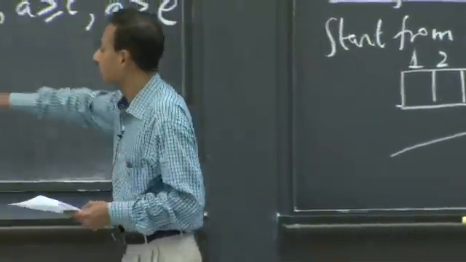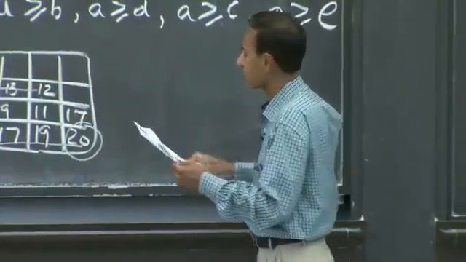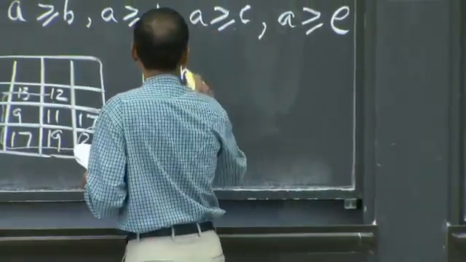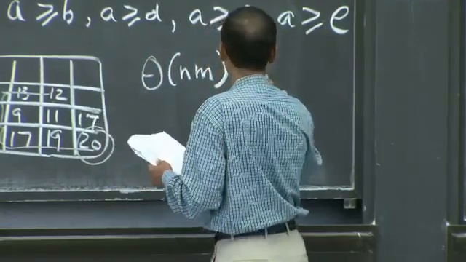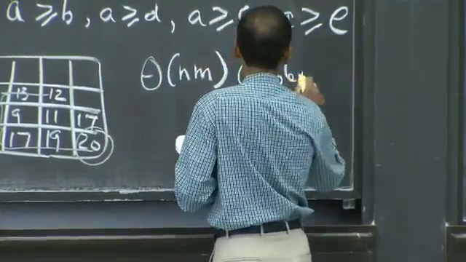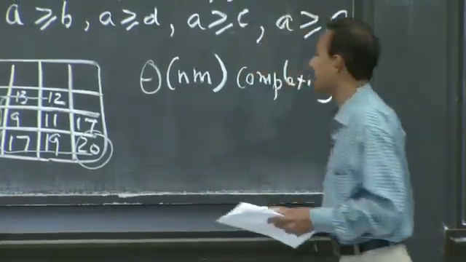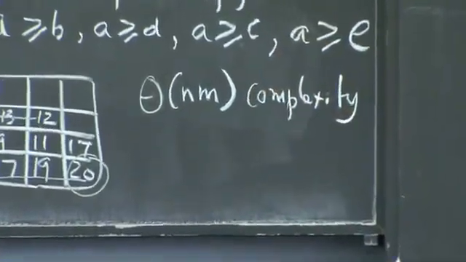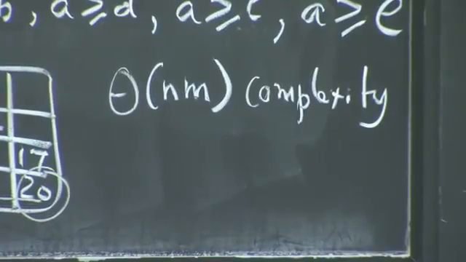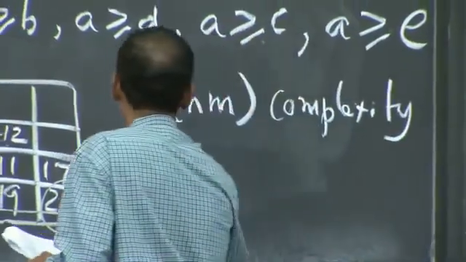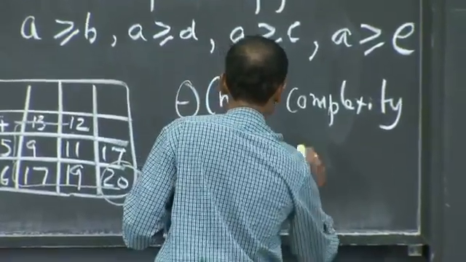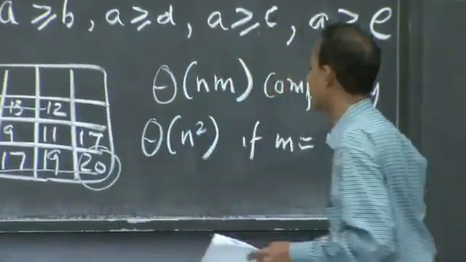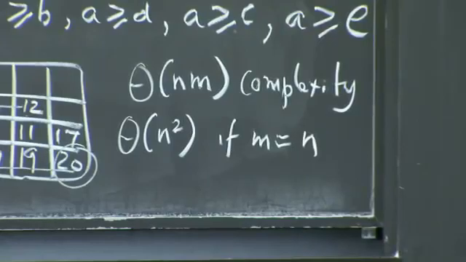So if you do a worst case analysis of this algorithm, a particular algorithm with particular choices in terms of the starting point and the direction of search, a greedy ascent algorithm would have theta nm complexity. All right? And in the case where n equals m, you'd have theta n squared complexity. Okay?